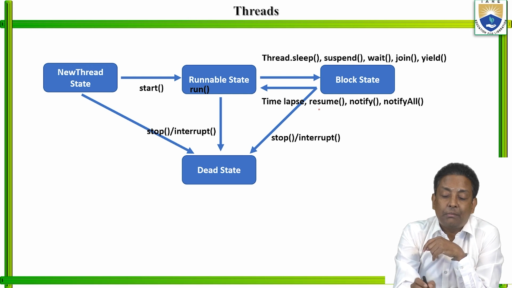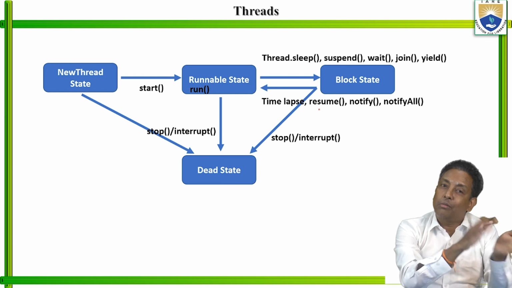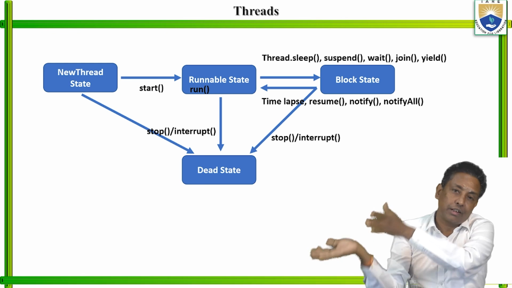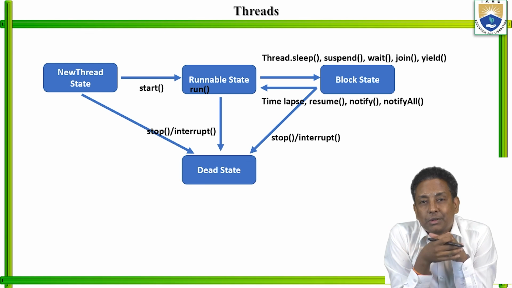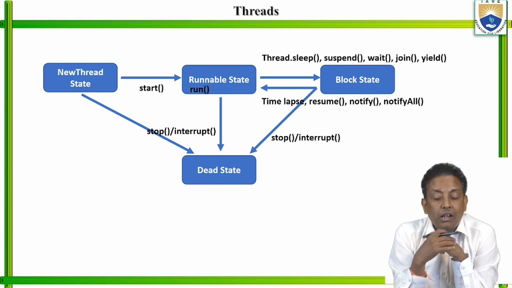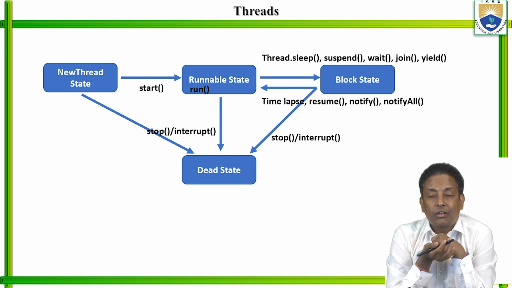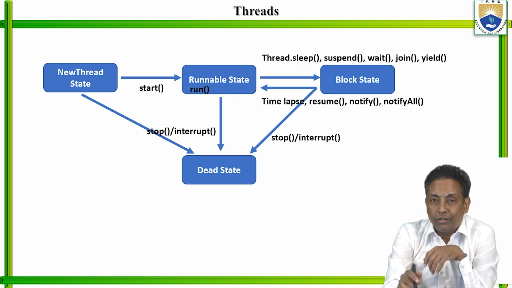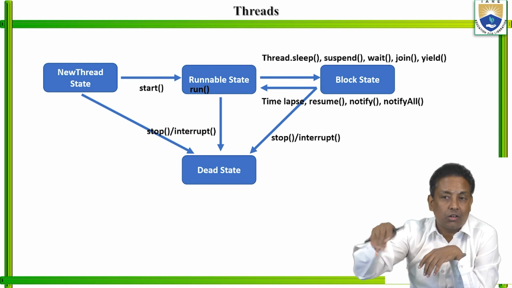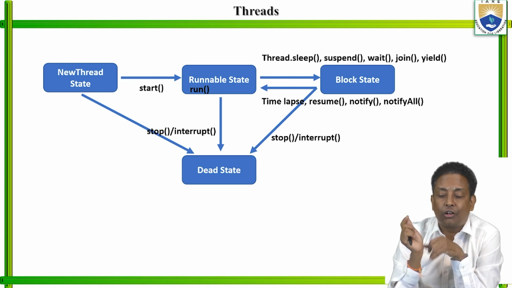If you call Thread.sleep, after the time lapse, if you give 1000 milliseconds, 1 second, the thread automatically comes back to the execution state. If you call suspend, you need to call resume. If you call wait, you need to call notify or notifyAll. If only 2 threads, call notify. If multiple threads are there, notifyAll.